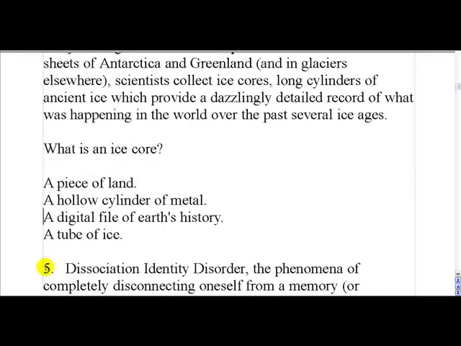Here's your choices. It says, an ice core is a piece of land. Remember what we said it was here. It's ice, right? A long, hollow cylinder of metal. Is metal same as ice? I don't think so. You have a digital file of Earth's history. Digital?